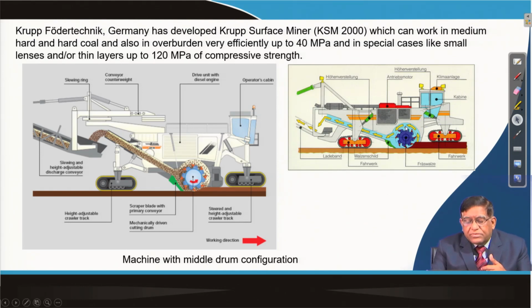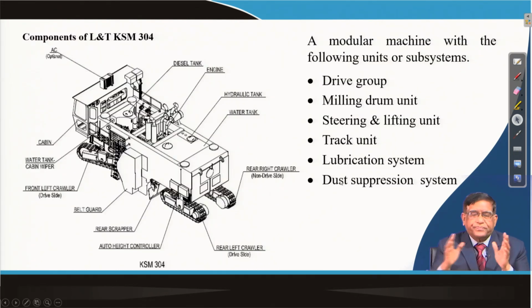When the drum rotates, you can see the drum has got the cutting picks. Now as this rotates, with these cutting picks, the material gets guided by the spiral between the grooves which are there on the drum to a central position, and this is the way how the material is taken out.